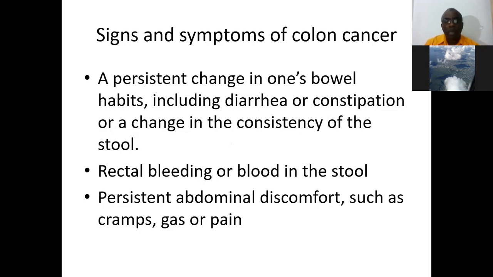It is what we call occult blood. But lower down the tract, you will see the blood. So sometimes people can be bleeding and not know, because it's high up in the tract and it is digested. And if it is not a lot of blood, it can go on for years or for a long time until the person becomes malnourished and so on.